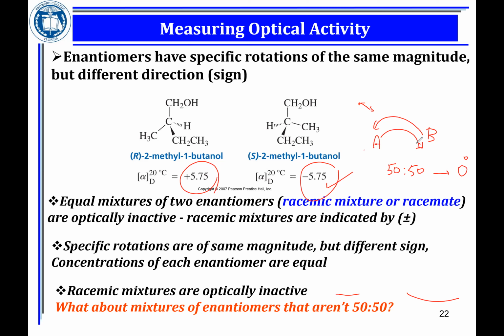Because if one rotates by 5 degrees to the right side, the other one will rotate by 5 degrees to the left side, the net result is going to be 0.